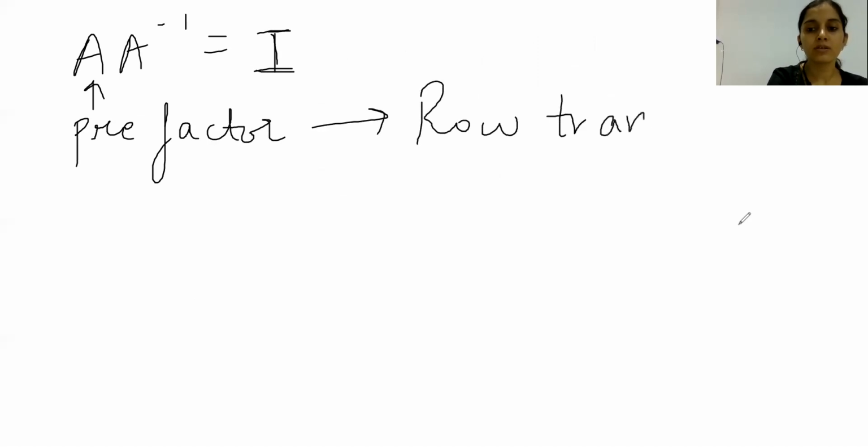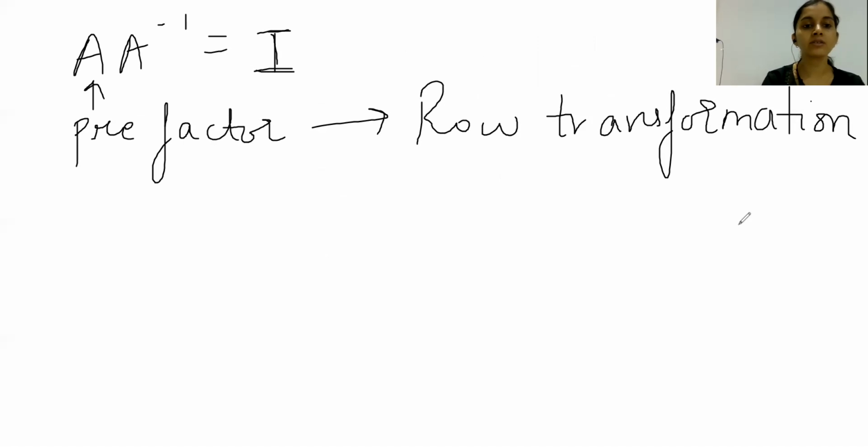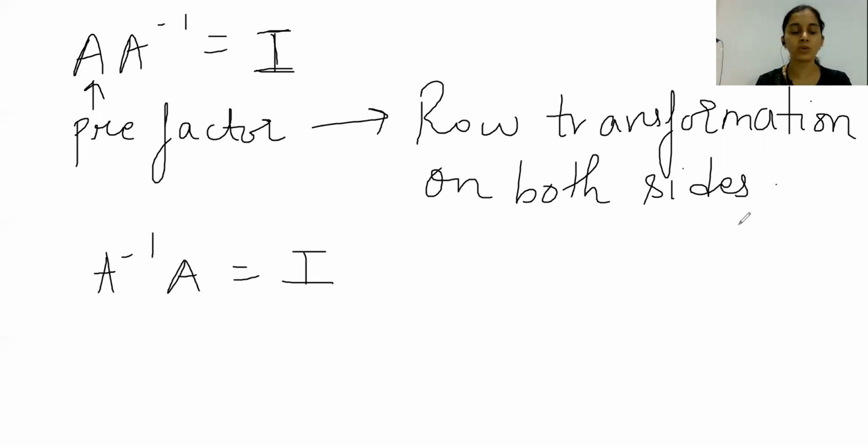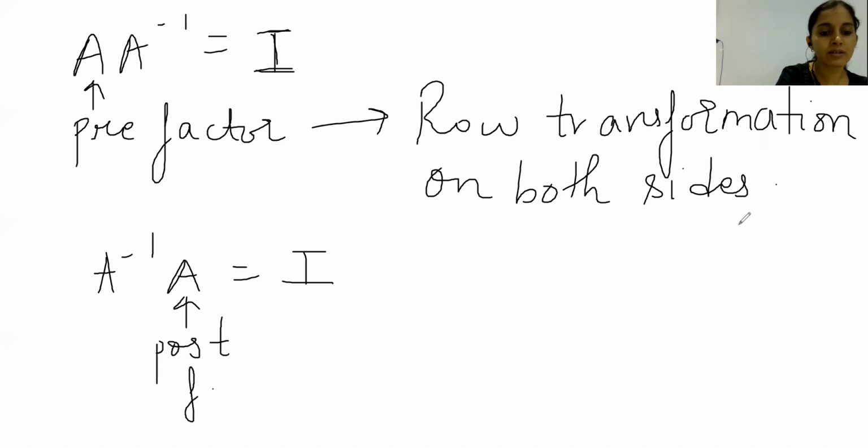Again, when I have A as the prefactor, that is, it is before A inverse, then I apply only row transformations on both sides, that means on the right-hand side and on the left-hand side. Whereas whenever I have A as the post factor, that is, it is coming after the inverse, then I apply column transformations.